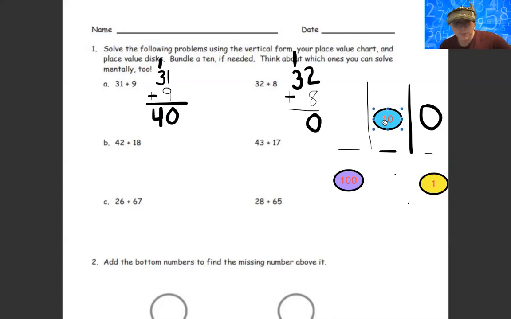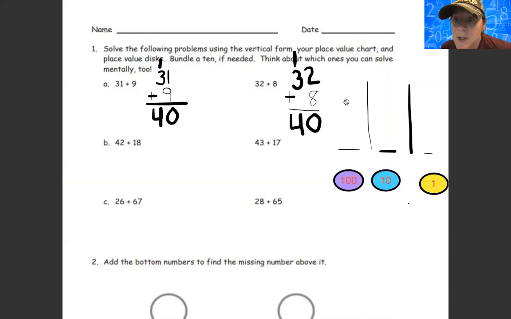So we have 1 ten plus 3 more tens. Okay, so how many tens do we have now? We have 1, 2, 3, 4. We have 4 tens. There we go. What's our number? 40. We got 40 again. Wow. Good work, guys.